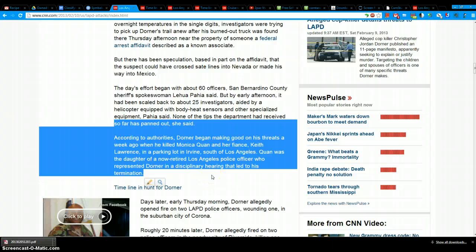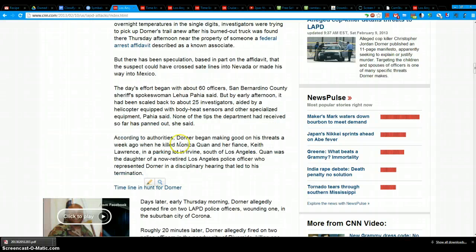So there are 3 different people that he has allegedly killed, because none of this has been proved and he hasn't pled guilty yet. But what you need to decide is looking at these 3 homicides that he allegedly committed. So the first 2 were this couple, Monica Kwan, and then her fiance, Keith Lawrence, who he ambushed in a parking lot and shot repeatedly.